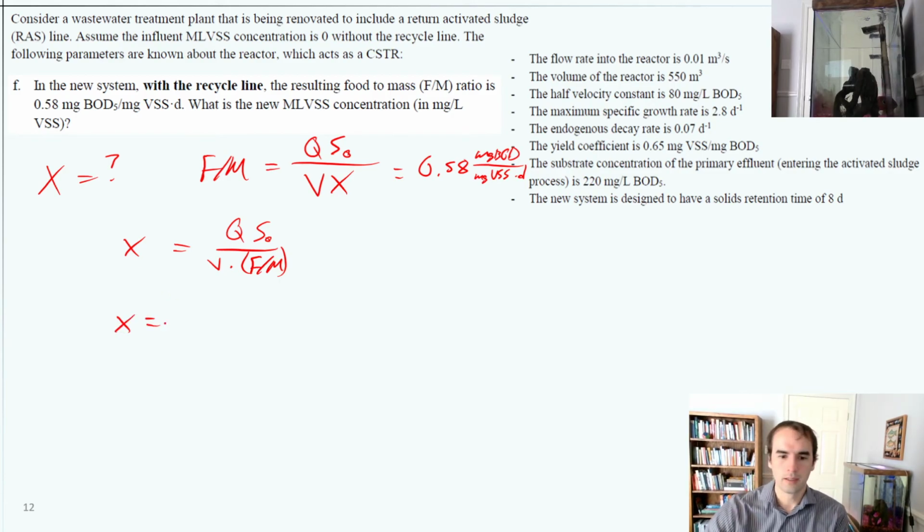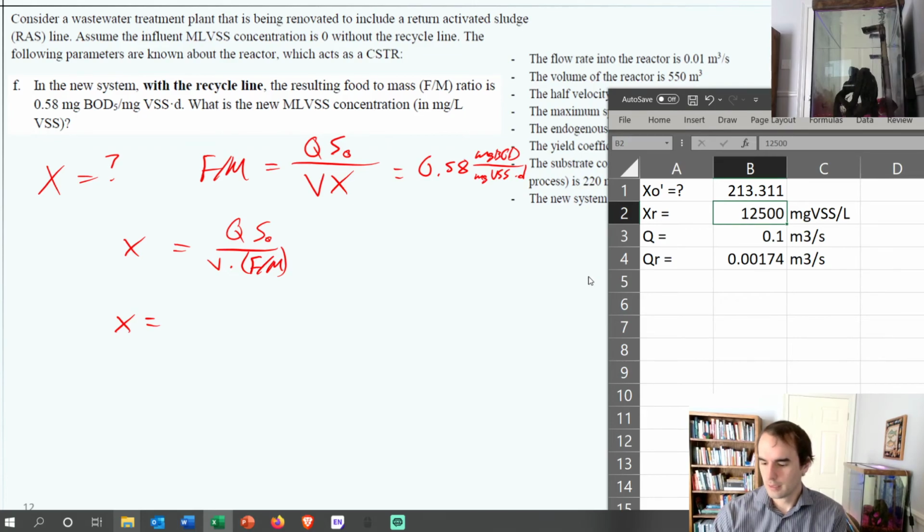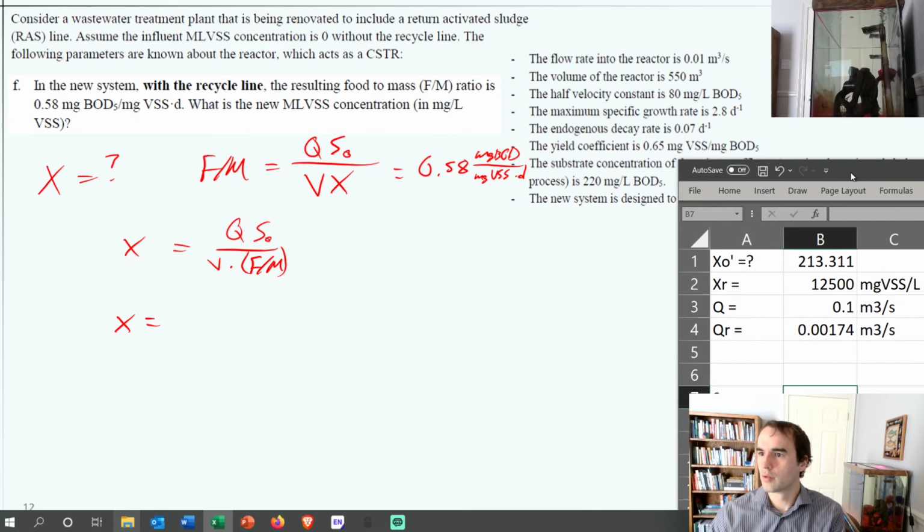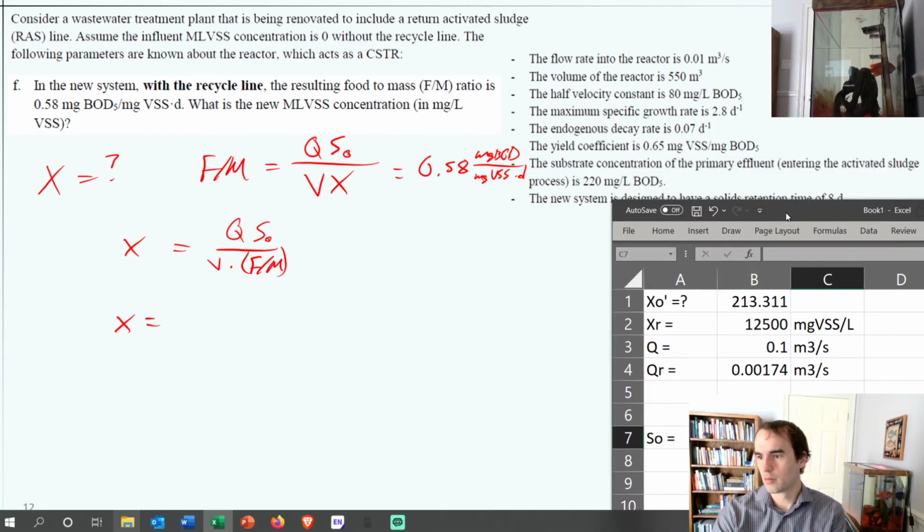We can solve that. Again, we'll just go over to Excel and say we have Q S naught equals 220. Our volume was 550 cubic meters, and the food to mass ratio is 0.58 milligrams BOD per milligrams VSS per day.